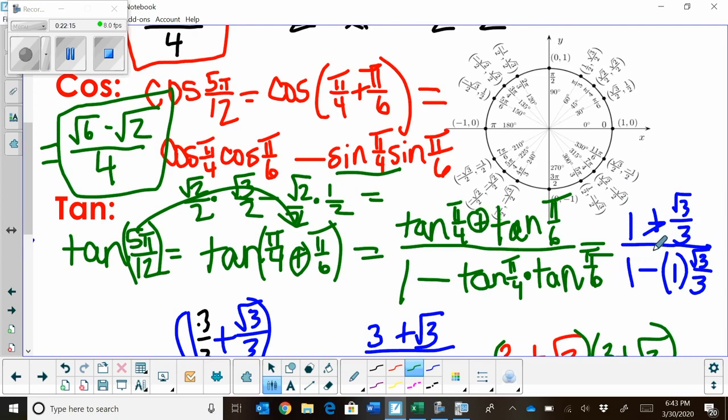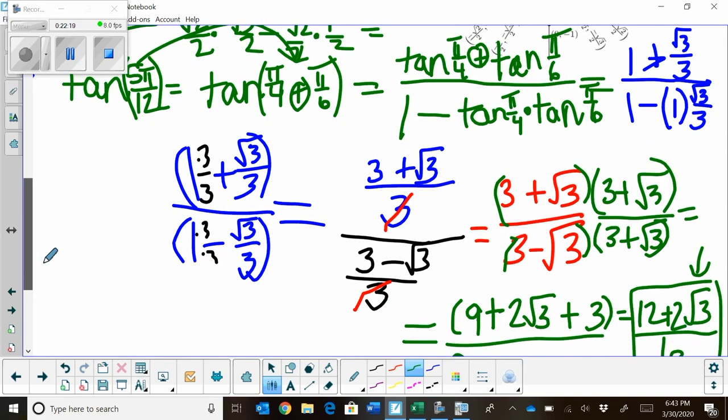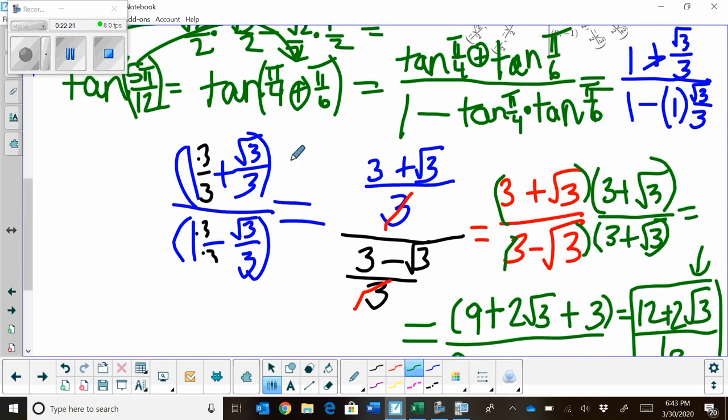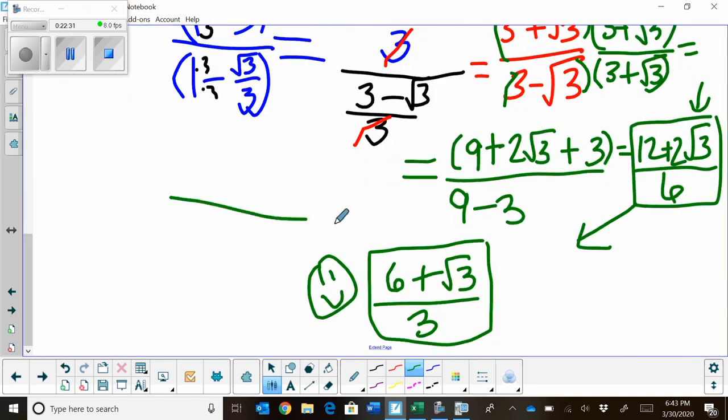Then we plug in. Once we get to here, we just make a complex fraction. So add the numerators together, add the denominators together, and then we just clean it up. So there you go. That's how we work all the way to this final answer. And then, of course, we had to multiply by the conjugate to make it look pretty.